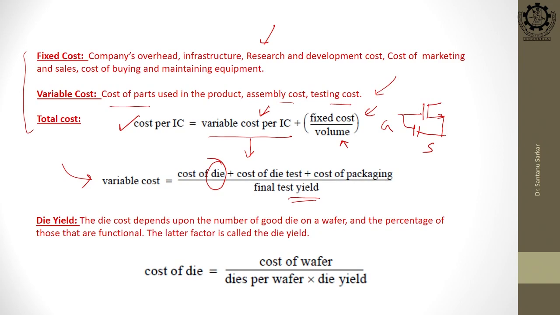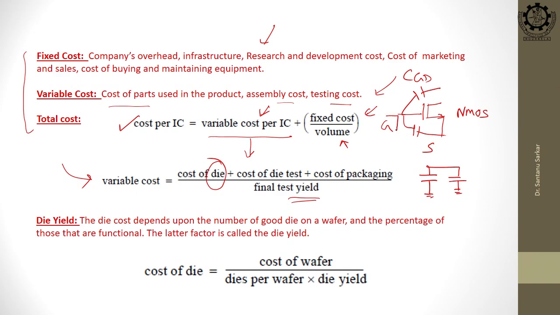CGS and CGD of both NMOS and PMOS. So CGS and CGD of NMOS as well as PMOS, they will all come in parallel. On top of it, what will be added?